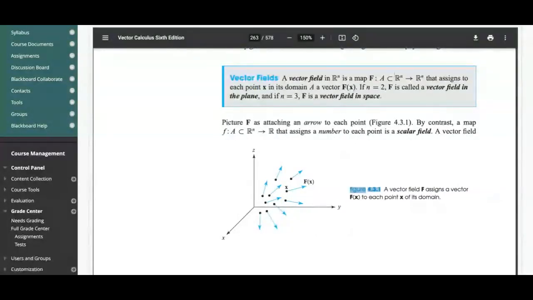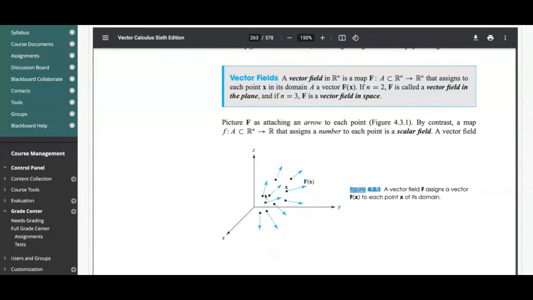If n equals 2, F is called a vector field in the plane. And if n equals 3, if it's 3 dimensional space, it's a vector field in space. So this picture 4.31 shows us a vector field. Right?